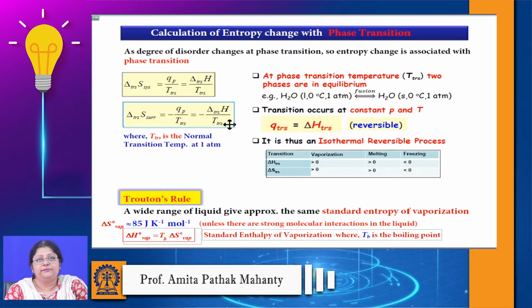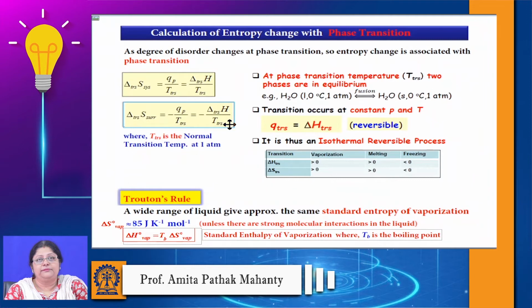The process is going to continue until it reaches its value at equilibrium. Usually when you have any process taking place, the entropy is changing, and it keeps on changing until you reach the equilibrium where you have the maximum entropy.